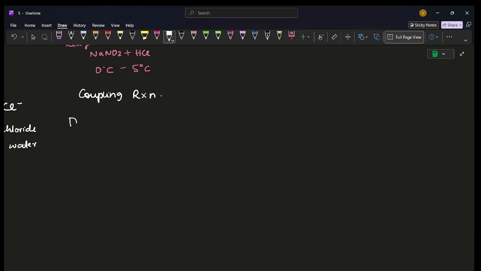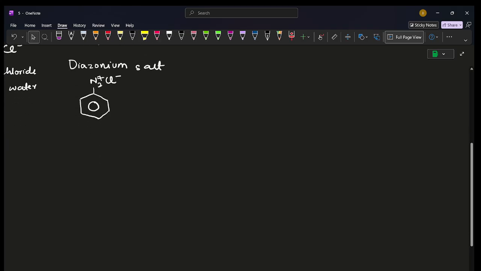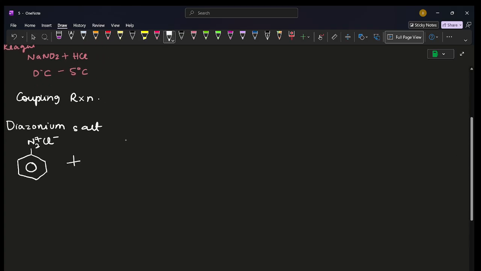So you're going to take a diazonium salt, which is our usual. And you're going to add it with something called beta naphthol. So basically an OH here.